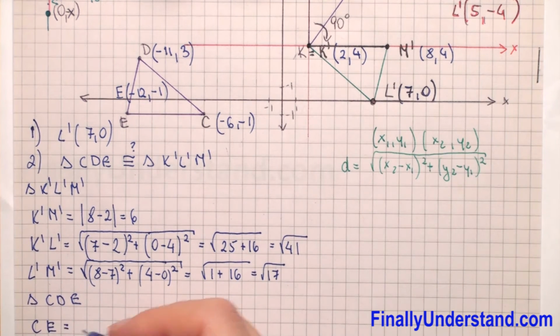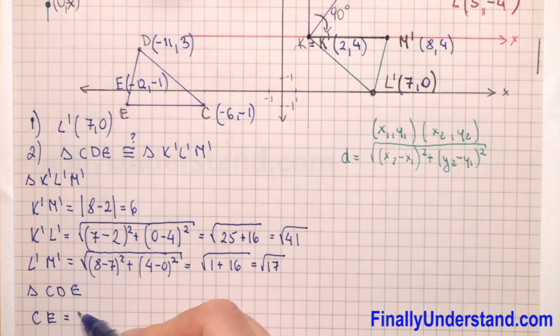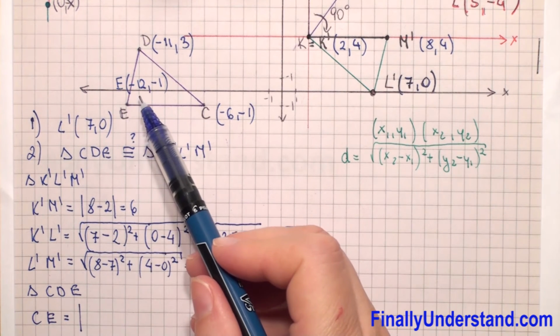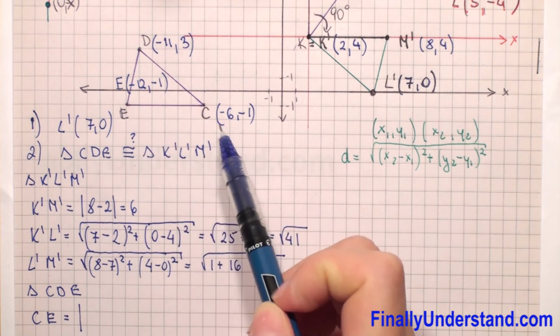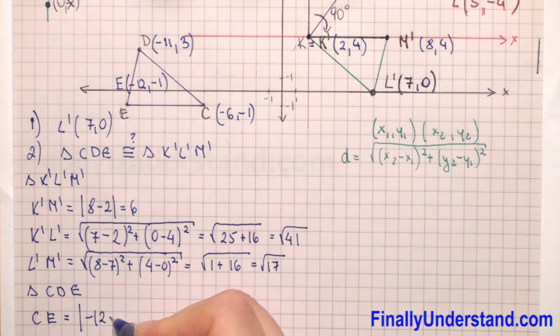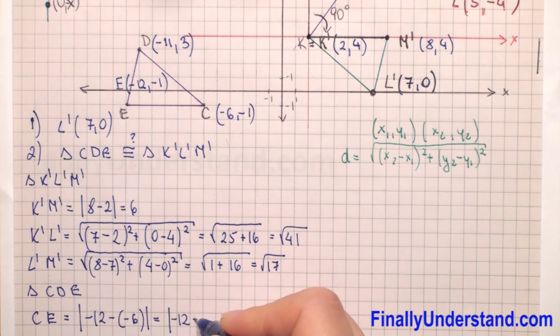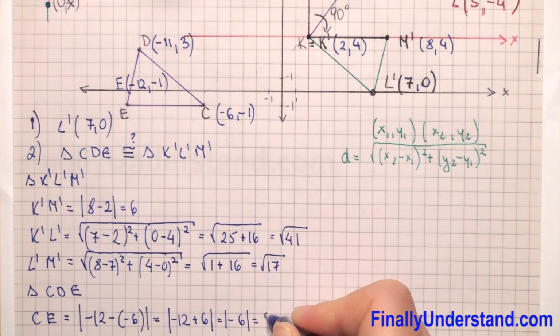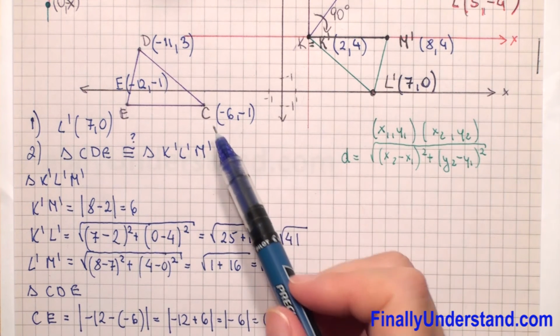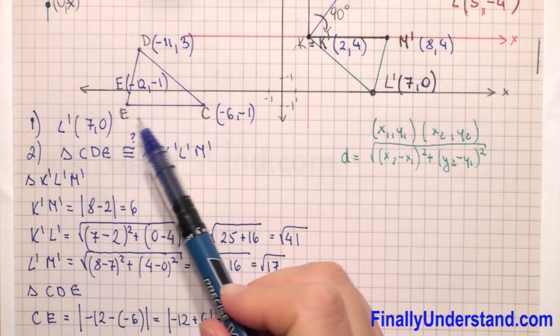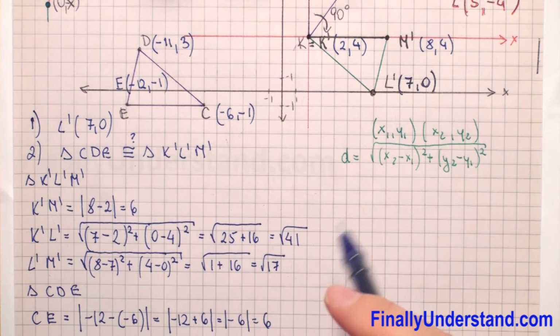This is equal to the absolute value of negative 12 minus negative 6, so this is equal to the absolute value of negative 12, negative and negative, so it will be positive 6, so this is the absolute value of negative 6, so this is 6. The distance between C and E is 6.